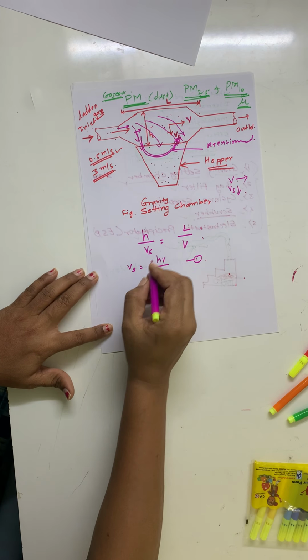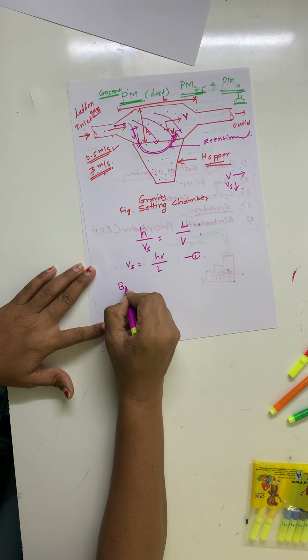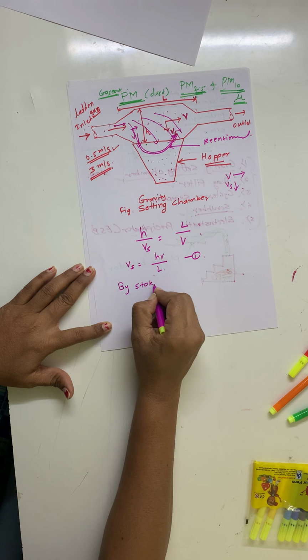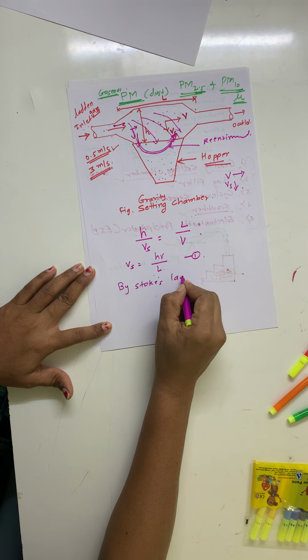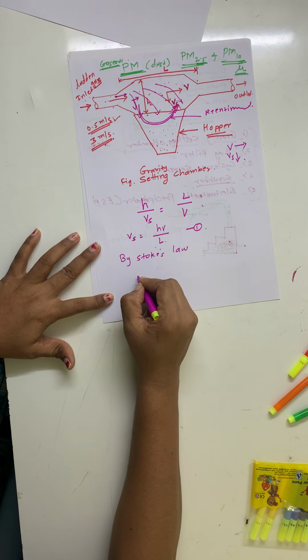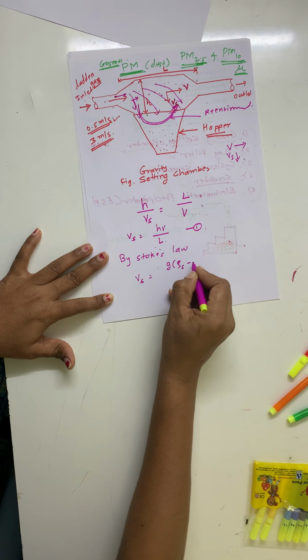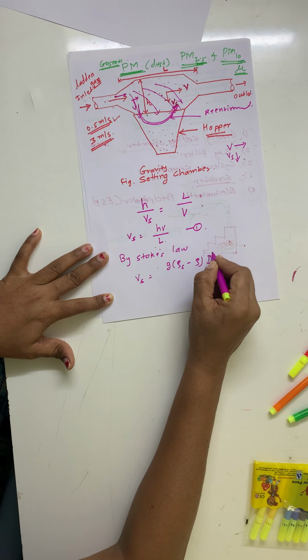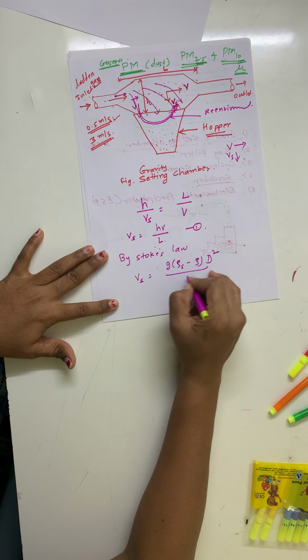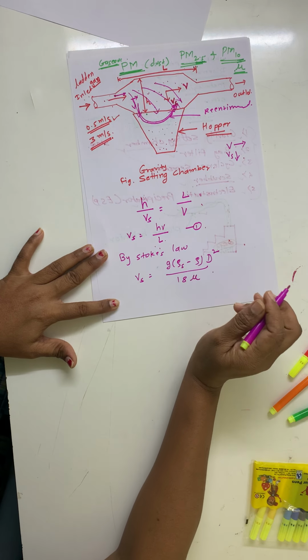But what does Stokes' law state? Stokes' law states that Vs is equal to G into rho s minus rho into d square upon 18 mu.